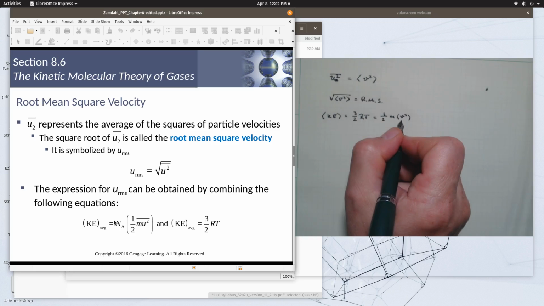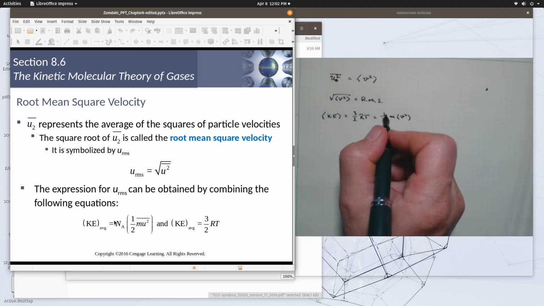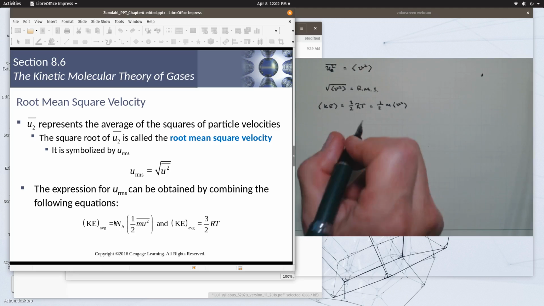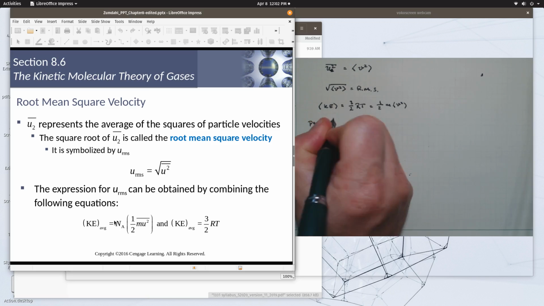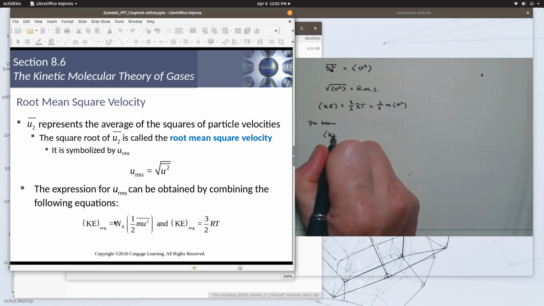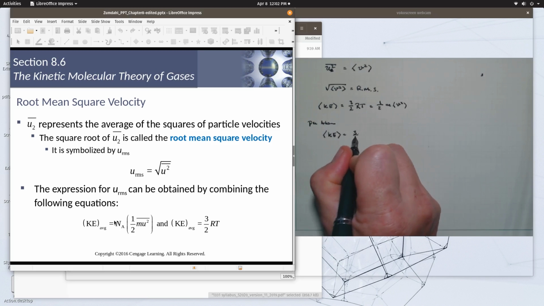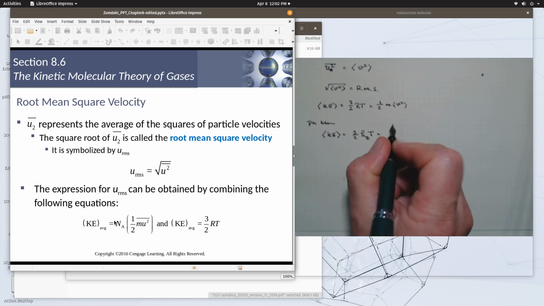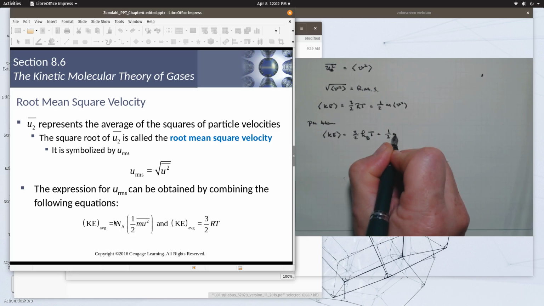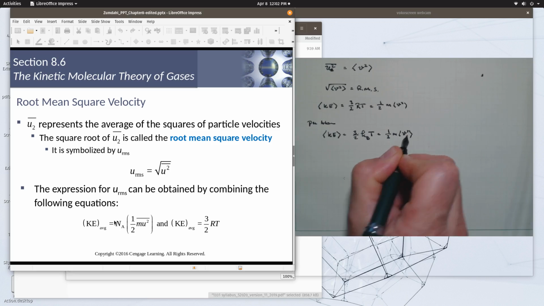Again, this is a molar quantity, per mole. If I wanted to put this on a per atom basis, I would write KE equal to 3/2 kBT, with k Boltzmann times T, and that's equal to 1/2 mass times the average velocity squared of an atom.